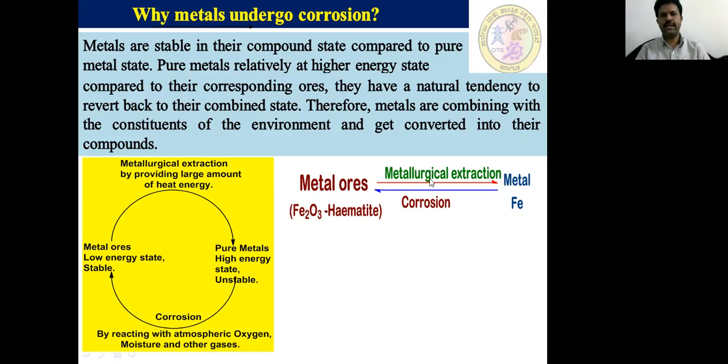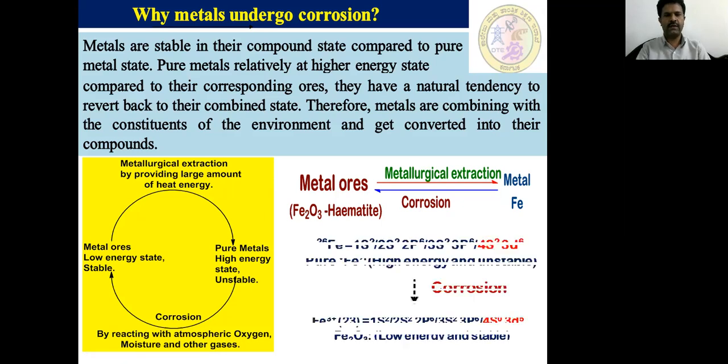Ores to metal by the metallurgical extraction process, metal to compounds or respective ores through the corrosion process. This is one explanation to attain thermodynamic stability. The other way, if we consider iron, we can explain in another way also.